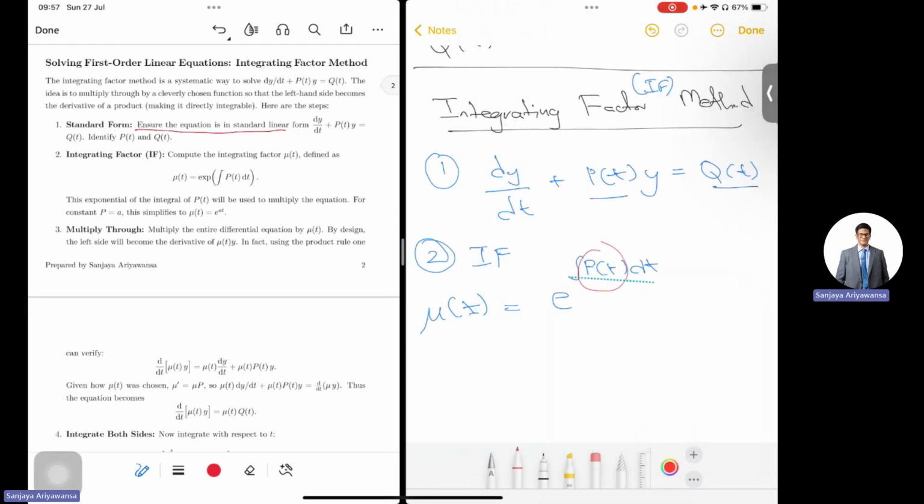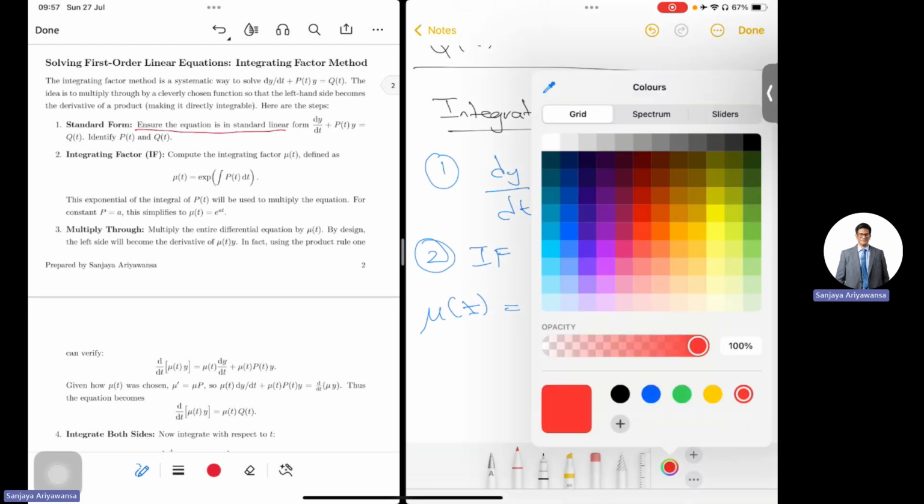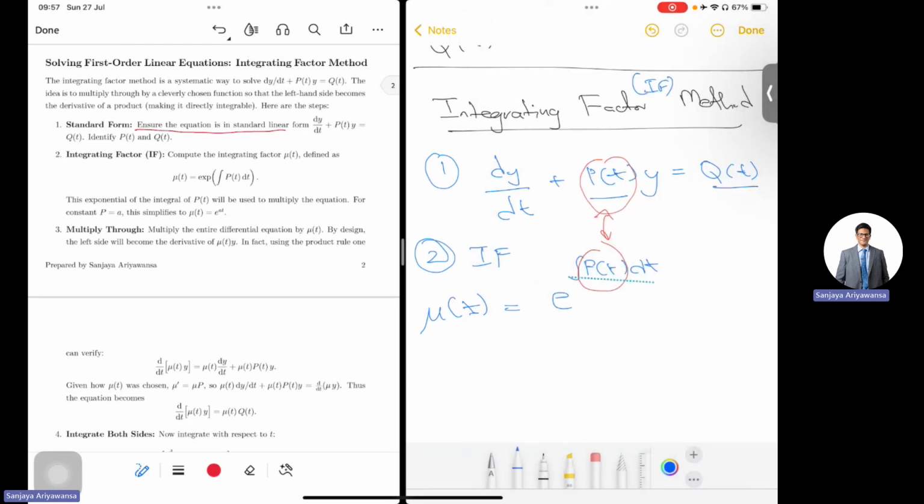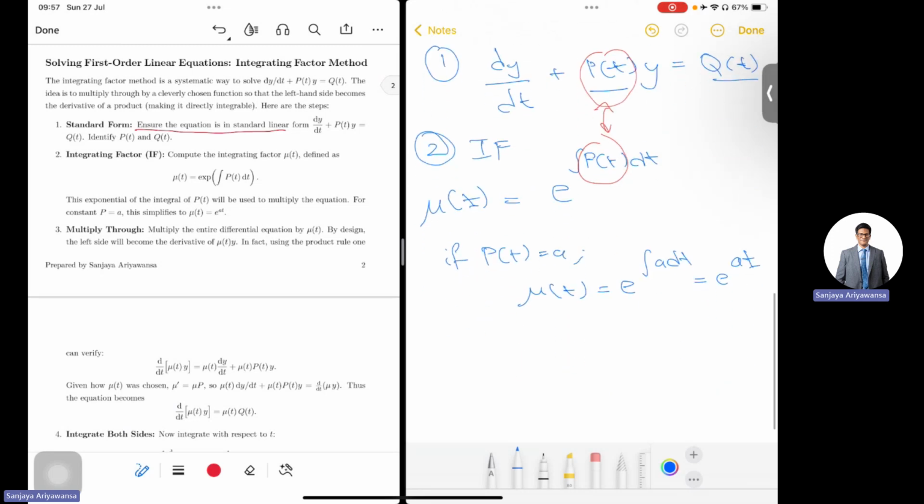It's this term over here. That is how the integrating factor is defined. So if your p of t is a constant, things become very easy. Then mu of t equals e to the power integral of a dt, which is simply e to the power at.